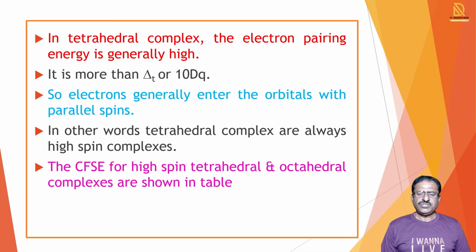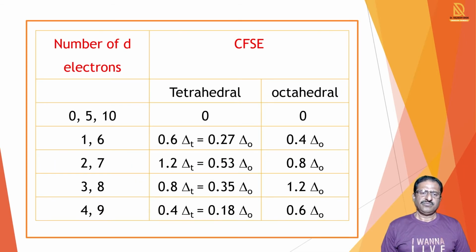We see in the table the comparison between these two. In this table, the number of electrons and crystal field stabilization energy are given. The crystal field stabilization energy is shown for tetrahedral and also for octahedral.